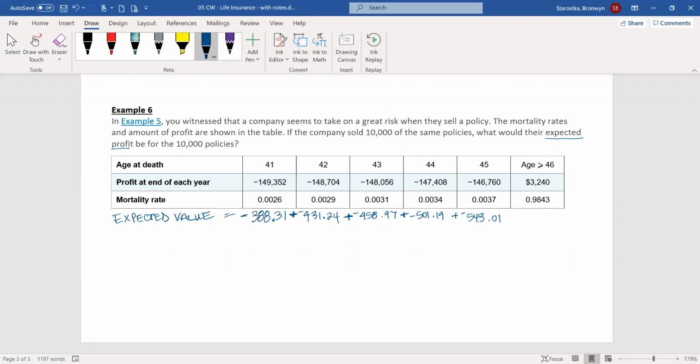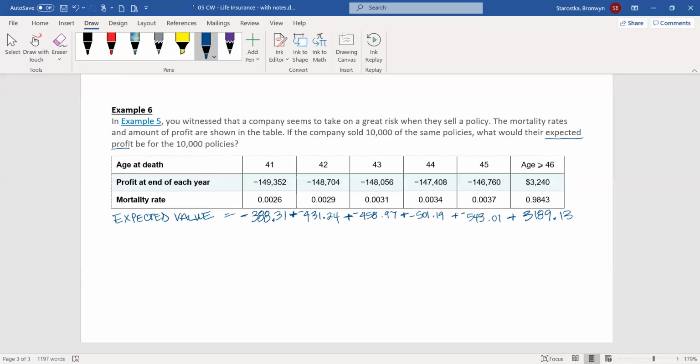But more than 46 years old, it's profit. So that is 3,240 times that 98%. So that mortality rate, if you added up all those numbers and subtracted from 1, that's where you get the 0.9843. And to that expected value, you add 3,189.13.